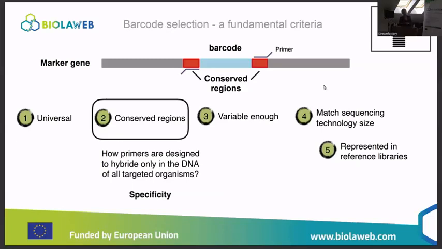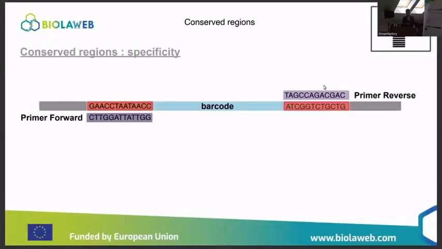So the next step, the conserved region. I will get more into detail on how the primers are designed to match those conserved regions, and how you manage to target all the organisms you're interested in and not the other ones. So basically, primers are complementary sequences of the conserved regions.